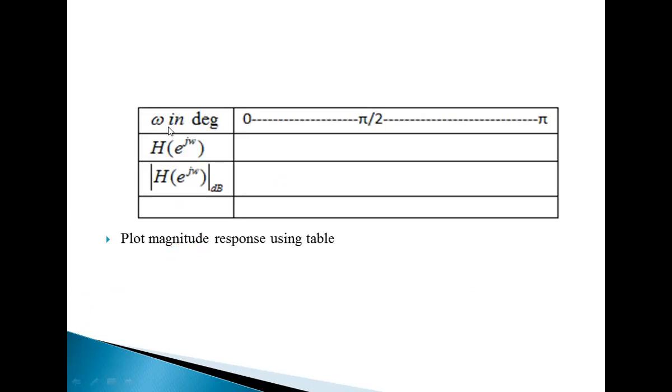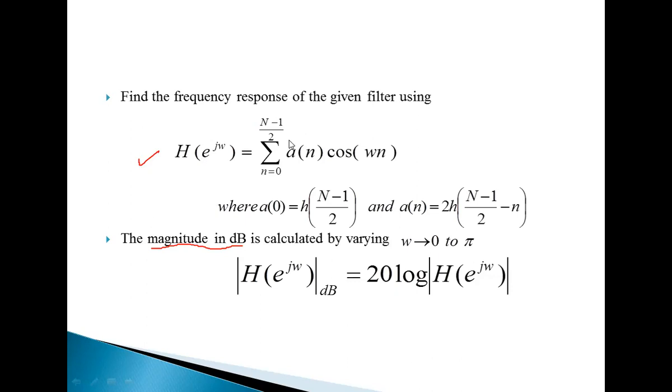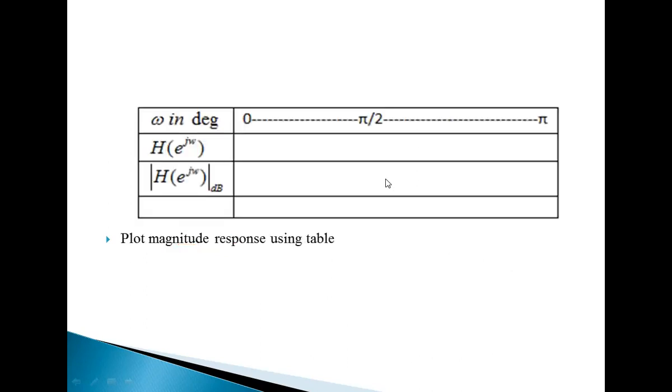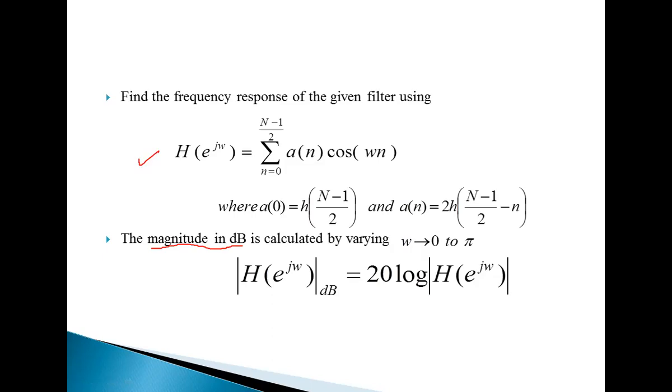So the omega value we vary from 0 to pi, that is up to 180 degrees, like 0, 10, 20, 30, up to 90, up to 180 degrees. As the value varies here, if you substitute the value of n equals 0 and change the angle, we will get the values of H of e power j omega.